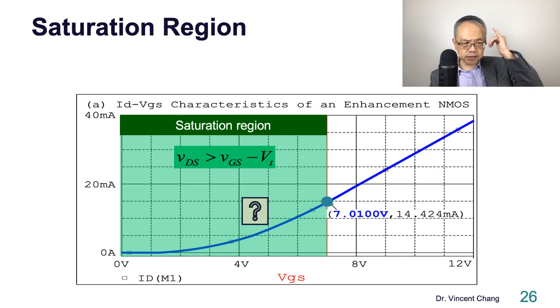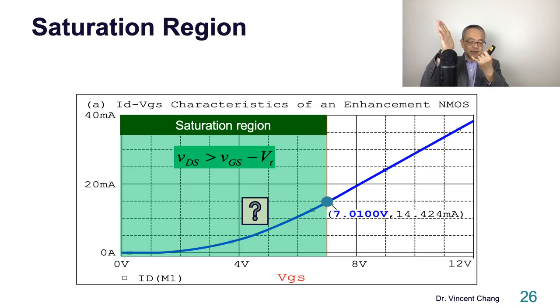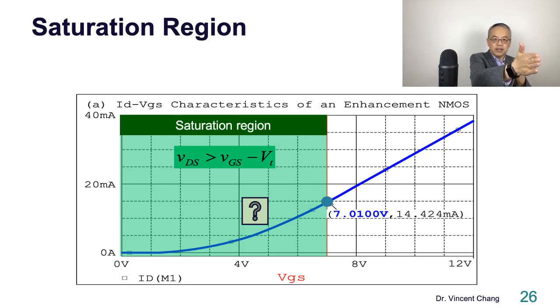When VDS is fixed at 6 volt, and VGS is below 7 volt, let's say VGS is 6, then 6 is higher than 6 minus 1, right?